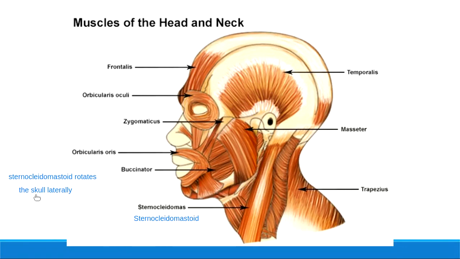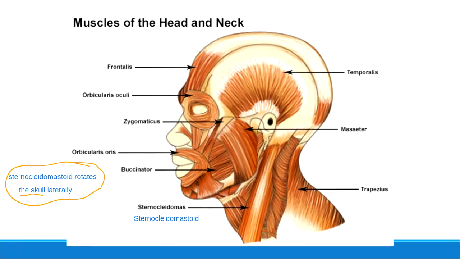So here's what I will say, and I ask that you guys please get this out in your GroupMe for me. When you're answering your question about the action of the sternocleidomastoid, the correct answer per the key, because we're looking at the entire skull and not just that insertion, not just the mastoid process, the correct answer that we're going to use for that assignment and for that question is that it rotates the whole skull laterally.